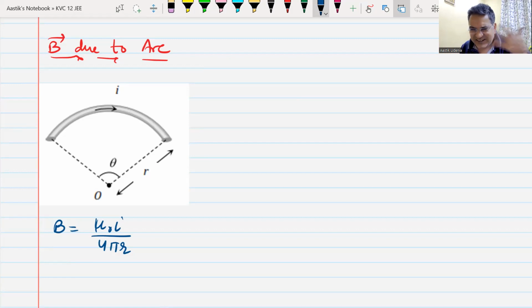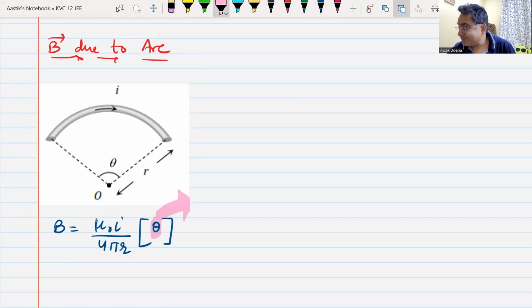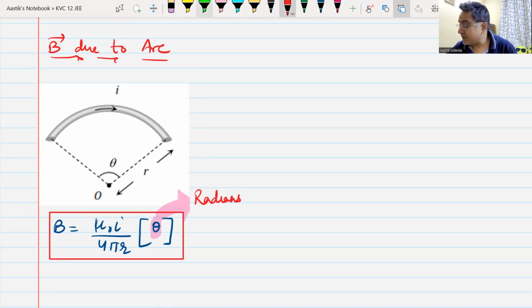For a loop, sine theta will not come, only theta will come. And remember, this theta has to be in which unit? It has to be in radians. And this becomes the general formula for magnetic field due to any arc of any angle. The angle has to be put in radians though.